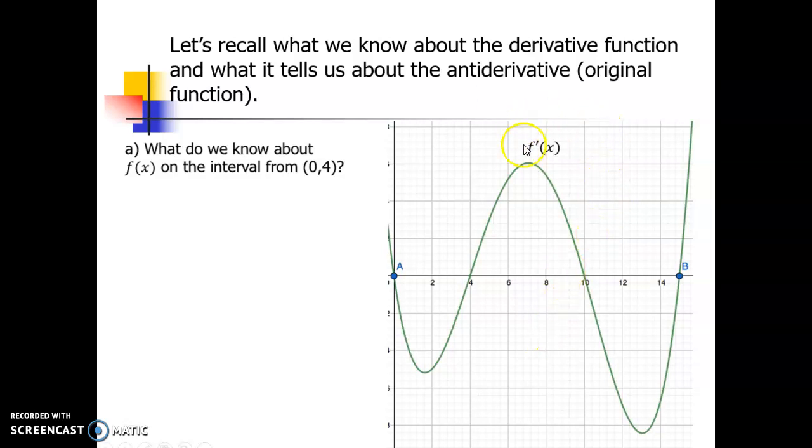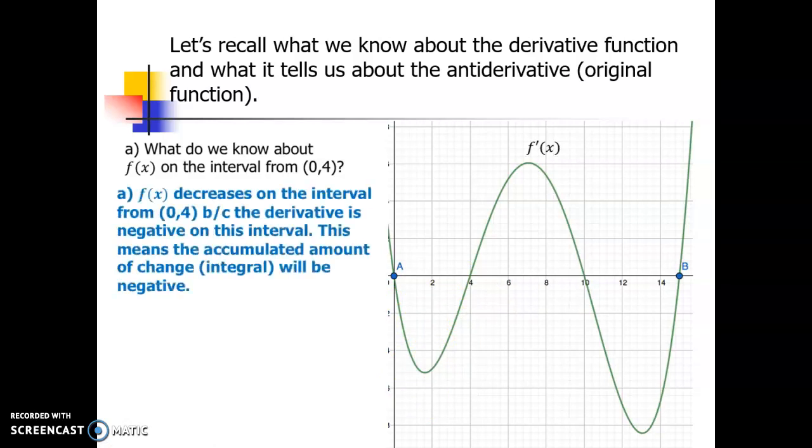Well, if I'm looking at a derivative function, I know 0 and 4 are critical points of the f of x function because the derivative is equal to 0 there. Matter of fact, there's another critical point at 10, and another critical point at 15. So I know from 0 to 4 on this interval, the derivative curve is lying below the x-axis, which means the derivative has negative outputs, which tells me that f of x must be decreasing on the interval from 0 to 4, because the derivative of f of x, f prime, is negative on this interval.